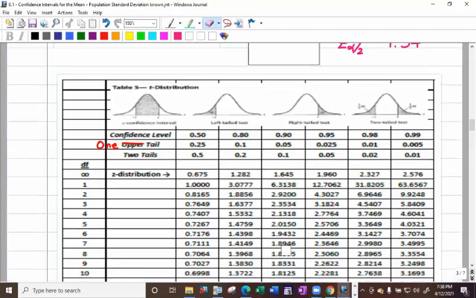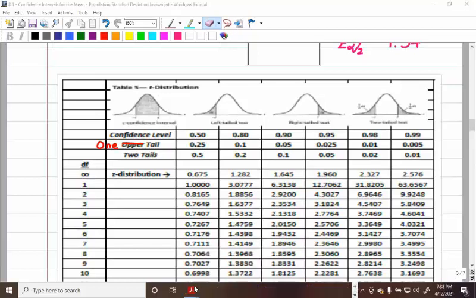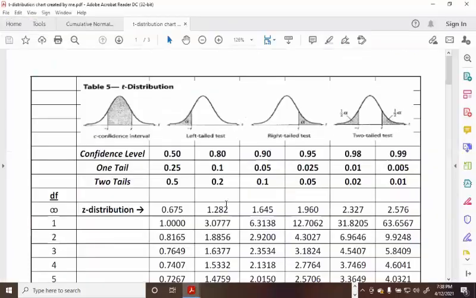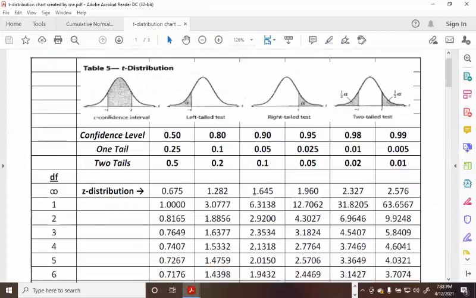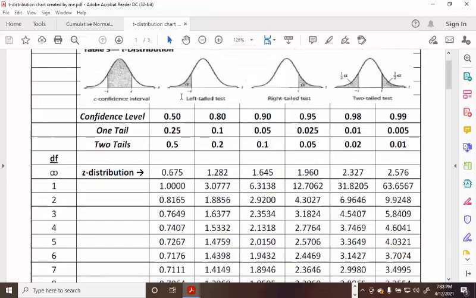Let me come back over to the PDF files here. Somebody doing this with just a regular calculator, this could come in handy. This is the T distribution, but we'll talk more about that later.